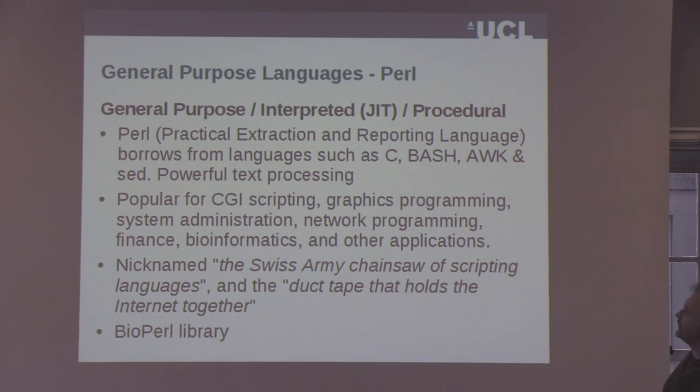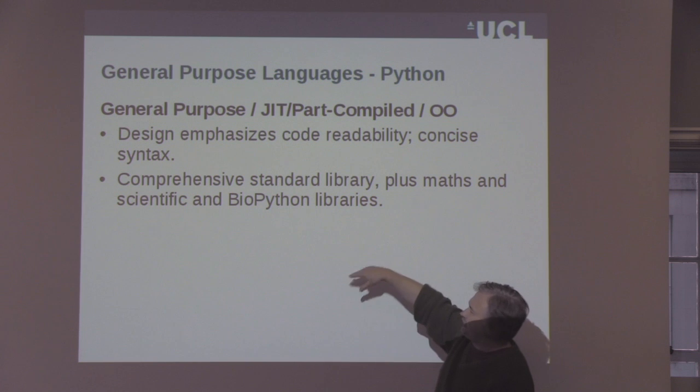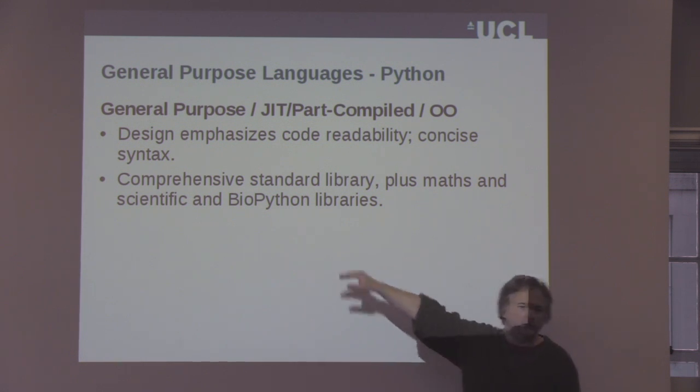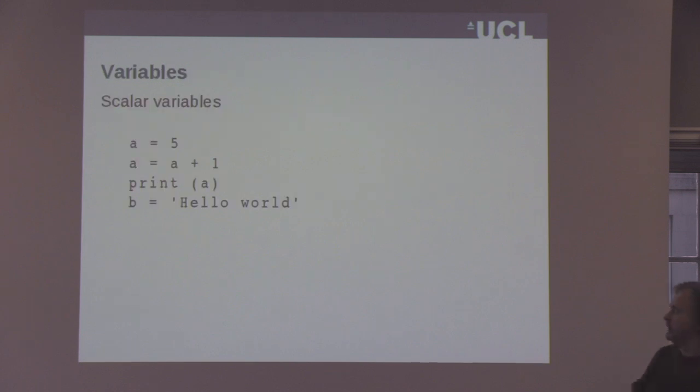So those are the two languages that I use, C and Perl. Python's the one that you're going to learn about. Its design tries to emphasize code readability. It's quite concise. You don't have to write very much to do something quite powerful. It has a very comprehensive standard library of routines that comes with it for doing quite complicated things, plus specialized maths, scientific, and bio libraries, which allow you to do all sorts of useful things quite easily.